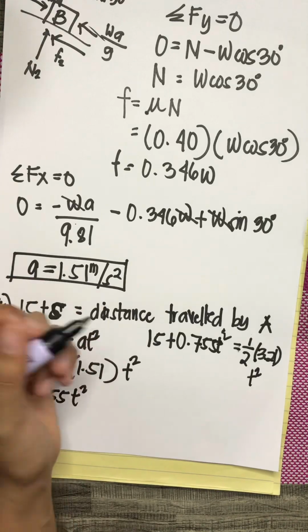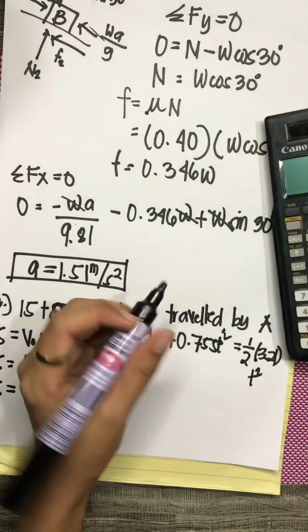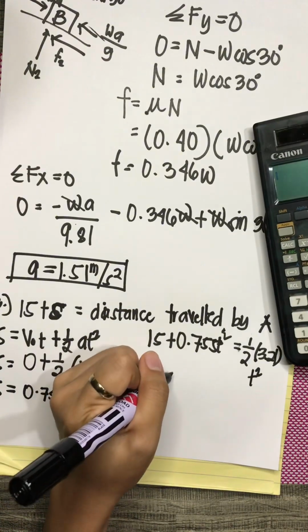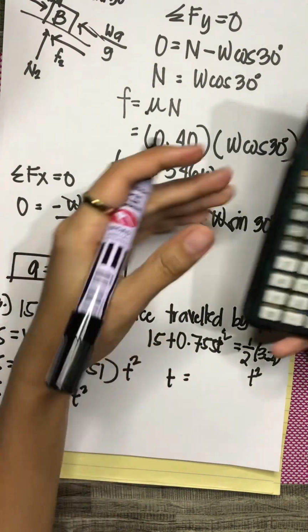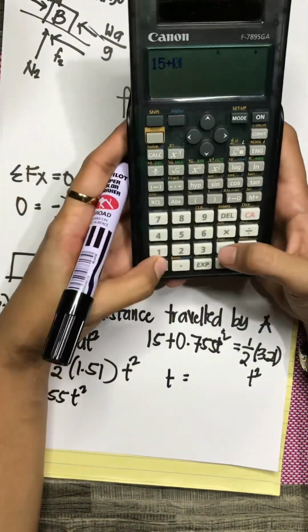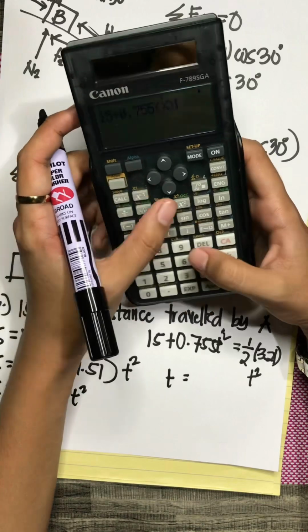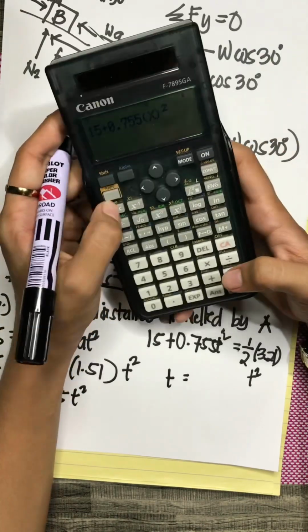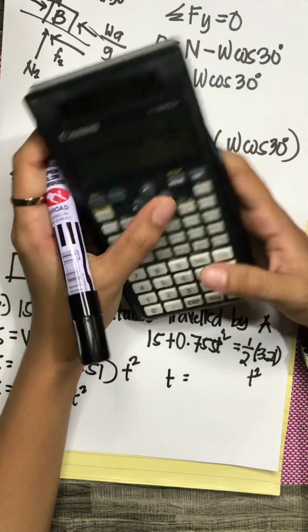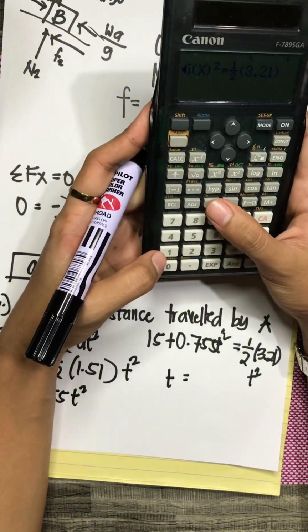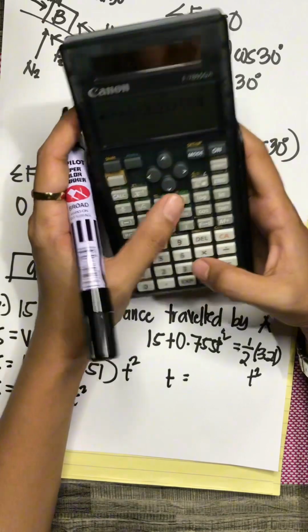So let's compute the time the blocks touch. 15 plus 0.755 x squared equals 1/2 times 3.21 x squared.